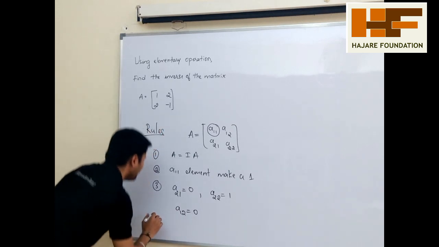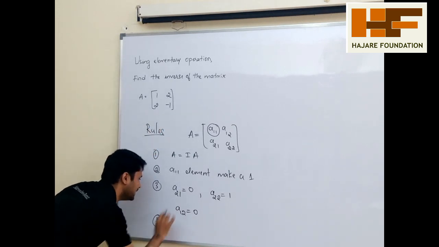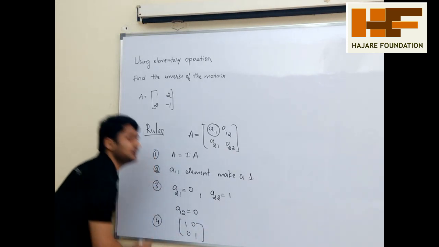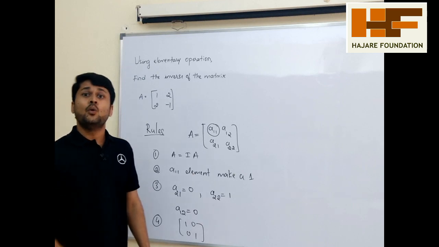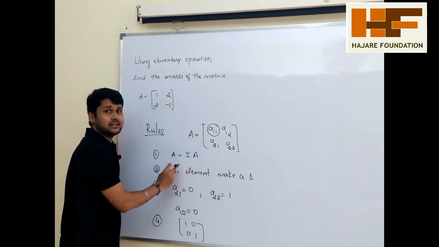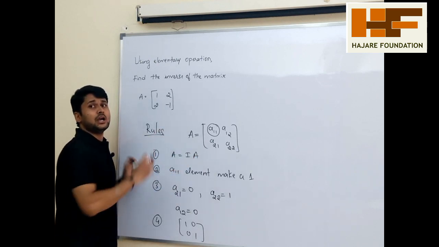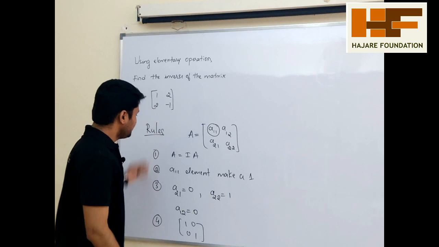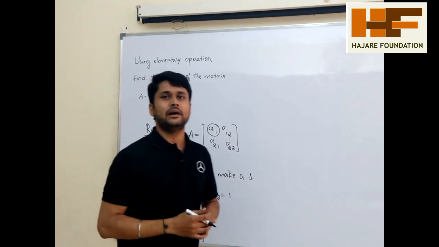Finally, we have to form the identity matrix on the LHS. Whatever operations we do on the LHS, the same operations we have to do on the RHS also. These 4 rules we have to remember.